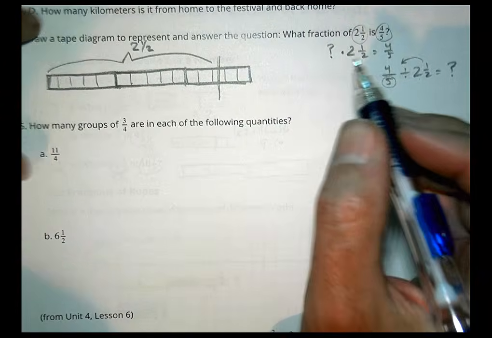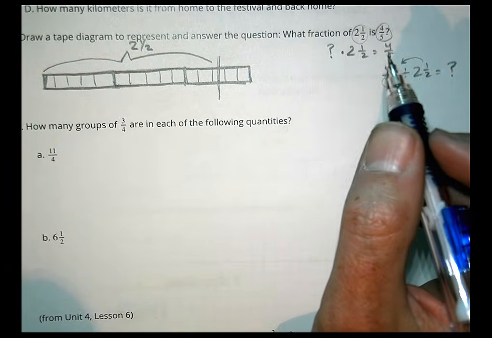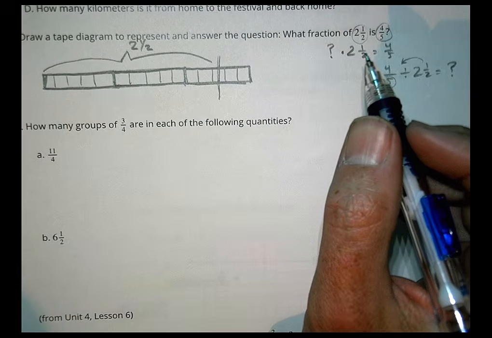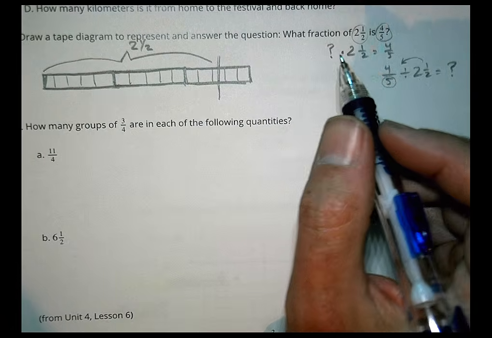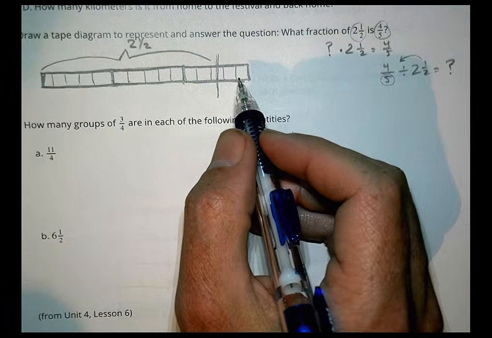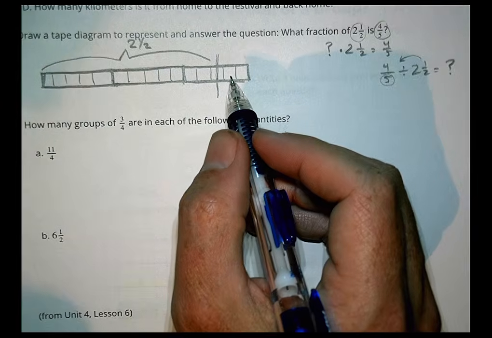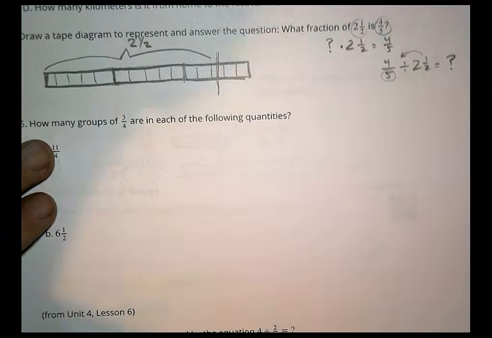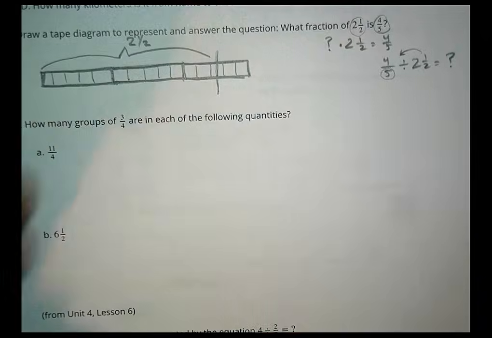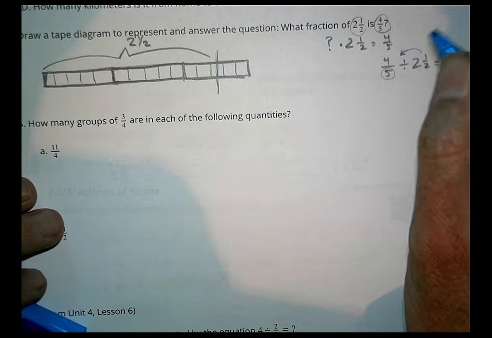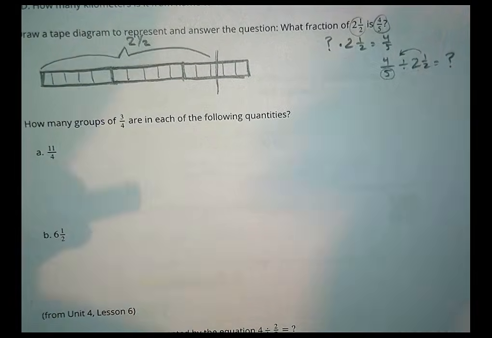If I want to do 4/5, and I want to know how many 4/5 are inside of 2.5. Okay, well, to do that here, let's see what would happen. Let's just give it a shot. So this is my 4/5. I want to see how many 4/5 are inside 2.5.